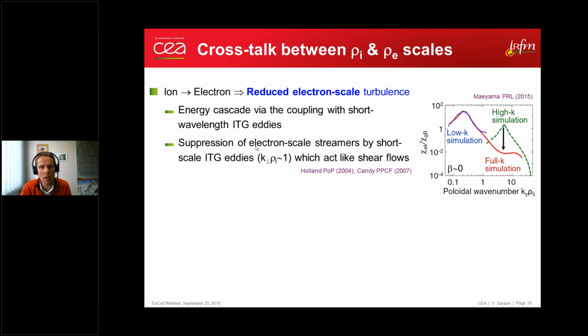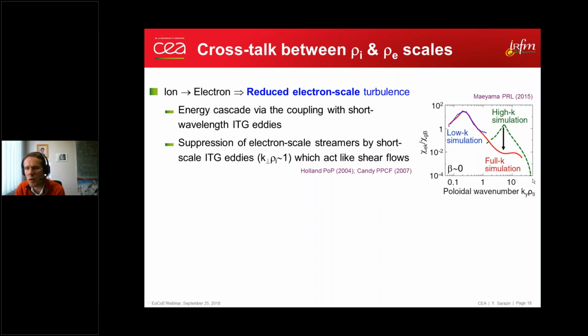But what is most important is the fact that the electron scale, which develops at small scales, has a tendency to develop large-scale structures, radially elongated across the magnetic surfaces, which lead to large transport. But the point is that those large-scale structures are sheared apart, are torn apart by the ion scale, provided you account for this ion scale turbulence. So this explains this figure.